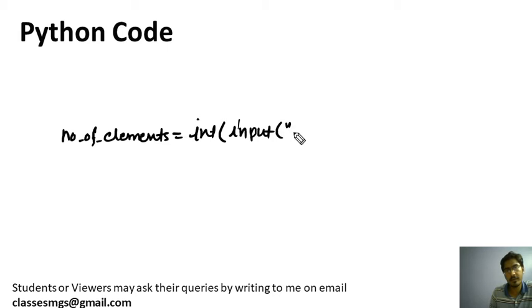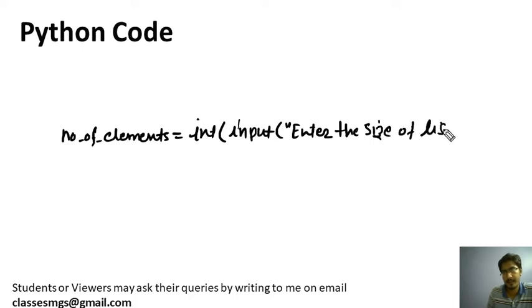If you don't know how to take input, please watch my class 11 video practical for taking the input. Enter the size of list, like this. Then what we will do, we will take the elements as input up to the size.